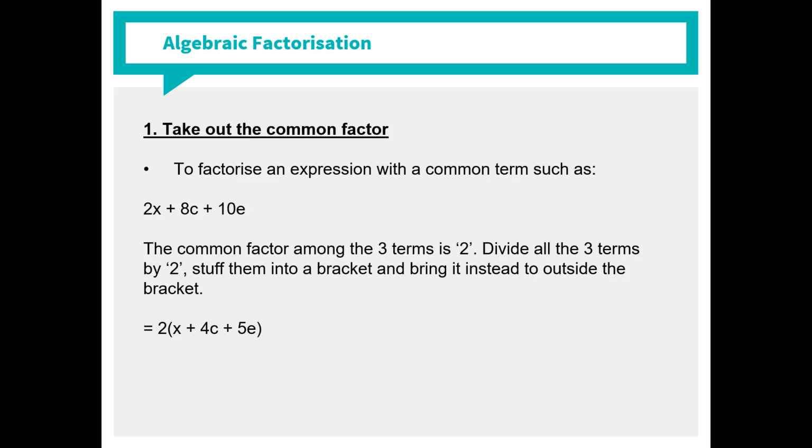So if you divide all three terms by 2, you stuff them in the bracket and you bring the 2 to outside the bracket. So this is what you get. This was the 2 that you divided by, and this is what is left behind. Because this divided by 2, you get x, this divided by 2, you get 4c, and this divided by 2, you get 5e.